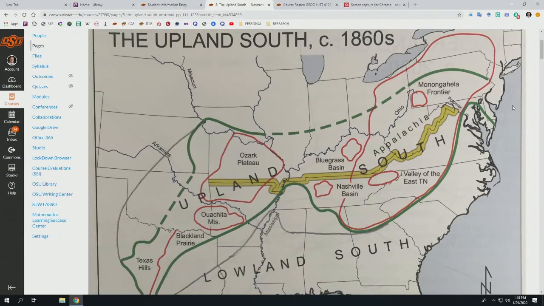You ever heard of the Sea Islands in South Carolina? This area from about Savannah, Georgia on up to Charleston or a little farther north along the coast is where you have some sea islands.